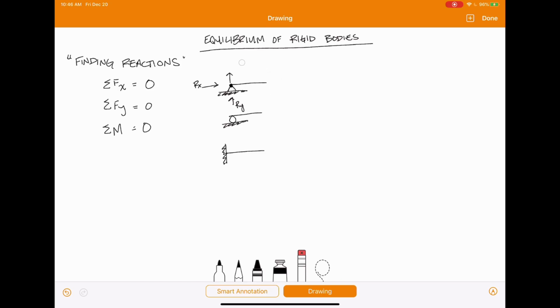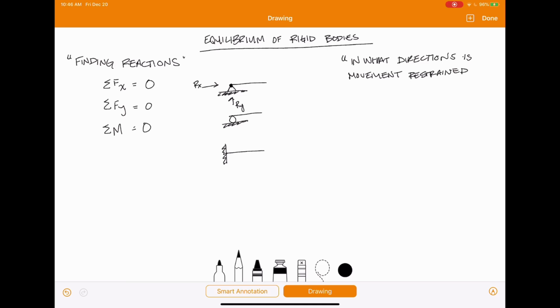When you're trying to determine what your reactions are, you need to ask yourself in what directions is movement restrained.